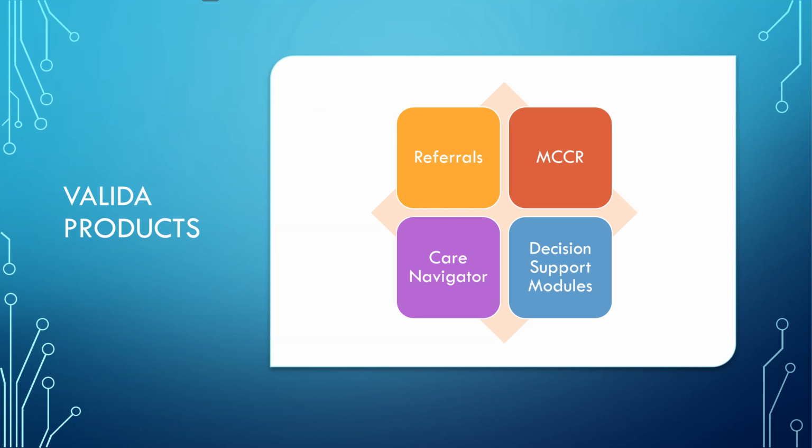The third product area that we're focused on is MCCR, which is the Choices Register. And that is a palliative care register that, again, is built on the same platform. And the register is intended for use across the continuum of care for palliative care patients. So providing guidance for the GPs, ambulance services, rest homes, and hospice.